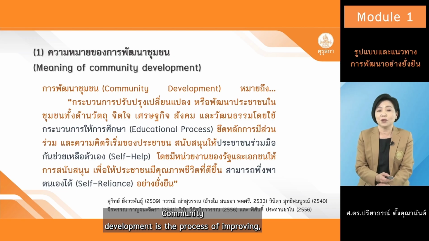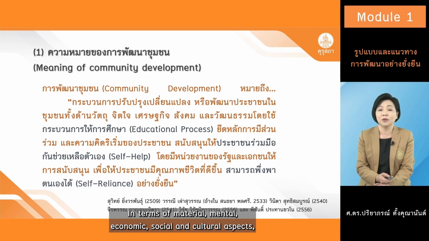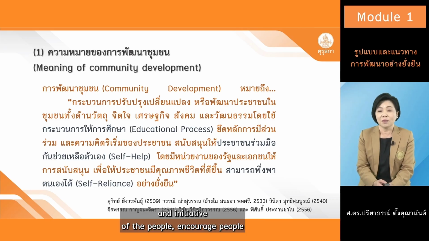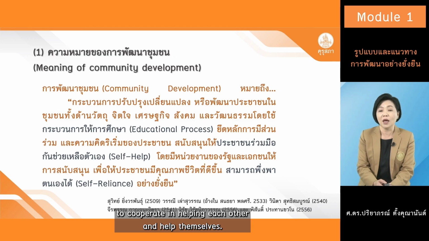Community development is the process of improving, changing, or developing the people in the community in terms of material, mental, economic, social, and cultural aspects, using the process of providing education based on the principle of participation and initiative of the people. Encourage people to cooperate in helping each other and help themselves.